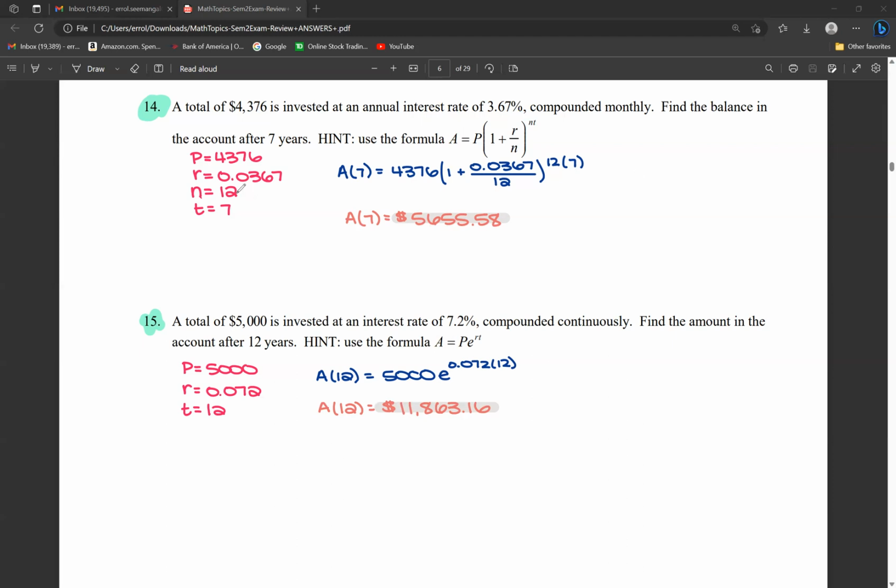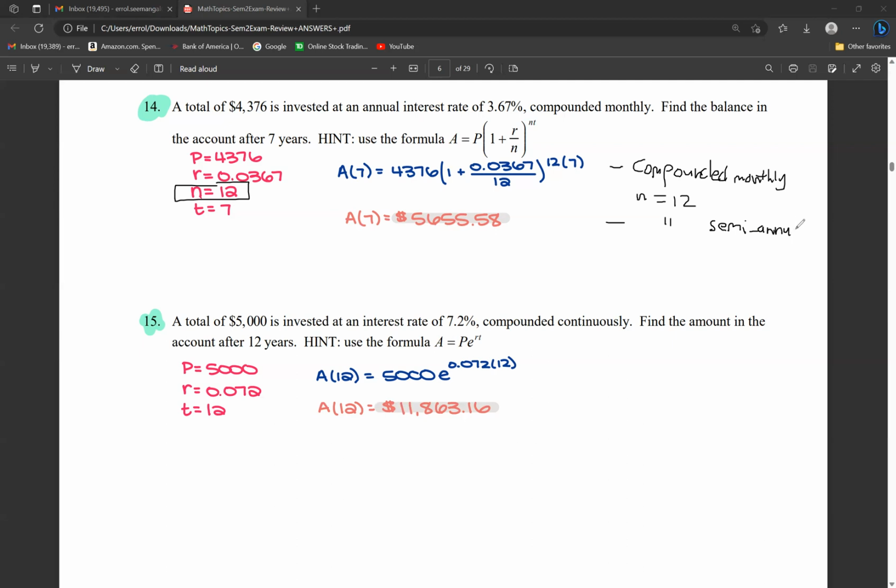Now, here's the thing on the N. Make a note of this. N will change depending on how often it's compounded. Compounded monthly, N equals 12. Compounded semi-annually, how often is semi-annually? 2.